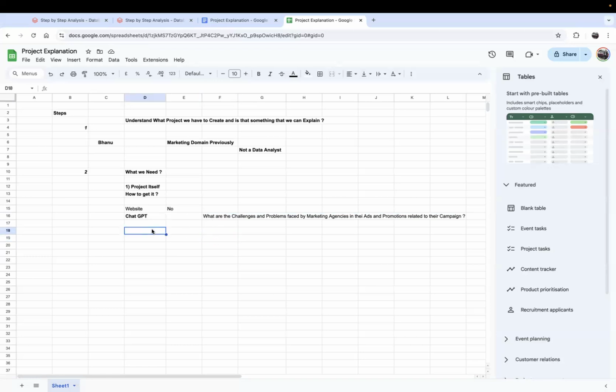Now Bhanu will get an answer with around 5 to 10 problems that are faced by the industry in which he is working. Now, the second step he will do is try to understand how a data analyst can solve these problems.